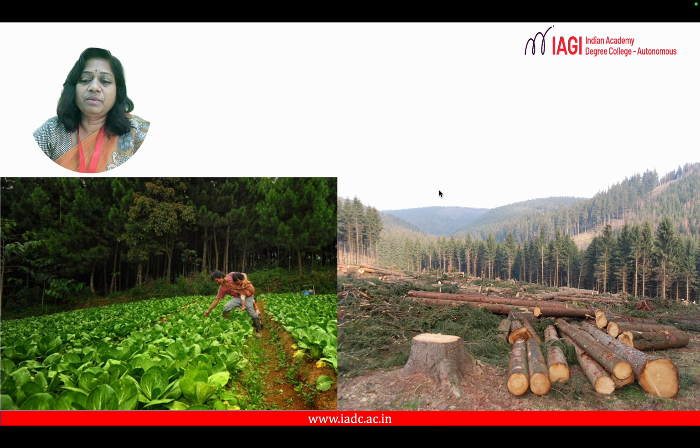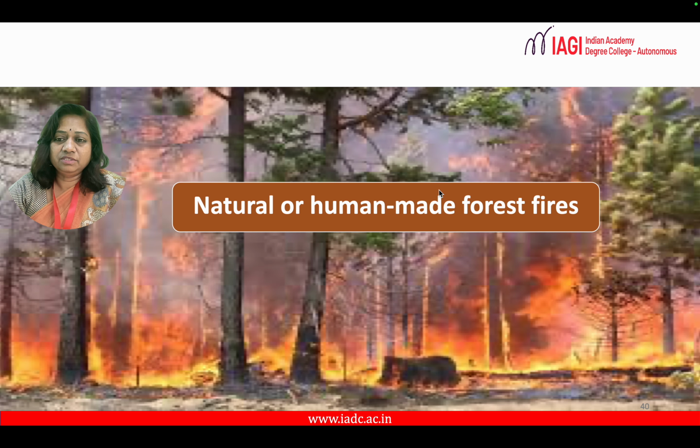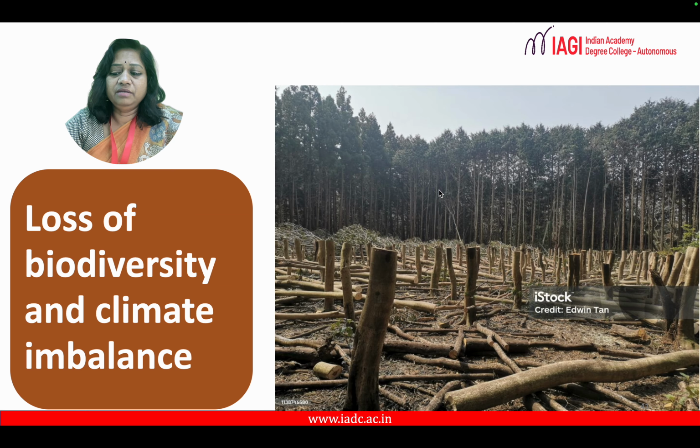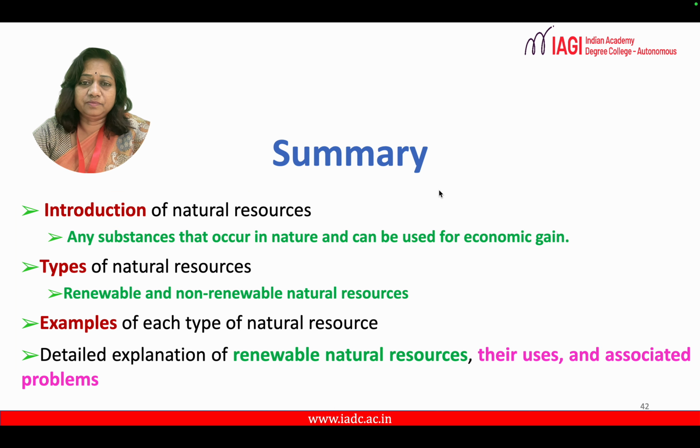And also because of agriculture we are cutting forest and using that area for agriculture, and in that way deforestation will happen. And sometimes we have seen that forest fires also will happen naturally, and sometimes it can be human made also. From all these reasons, the main loss of biodiversity will be seen, and it also leads to climate imbalance.